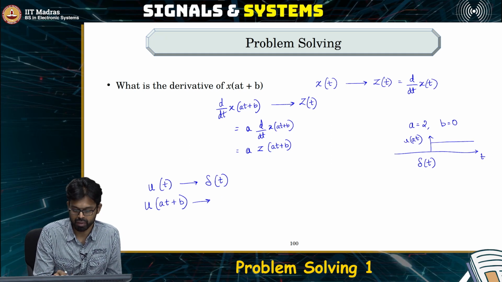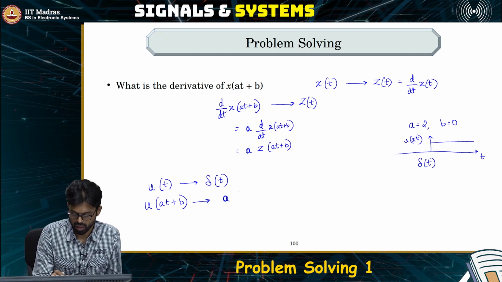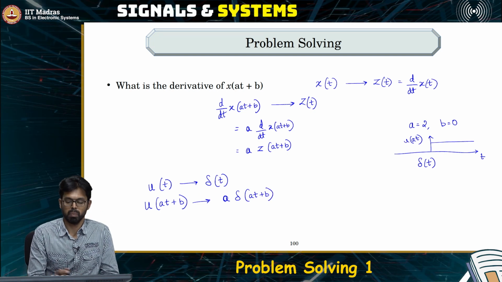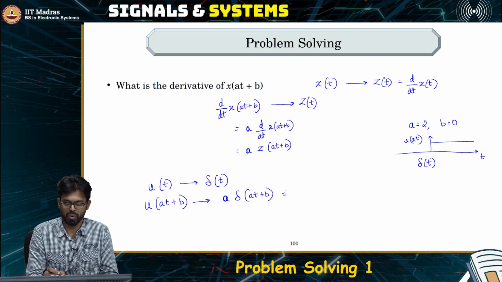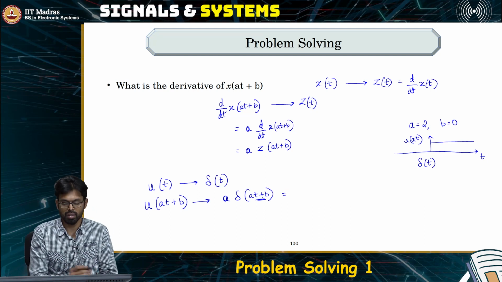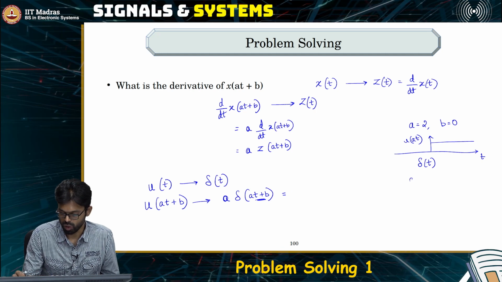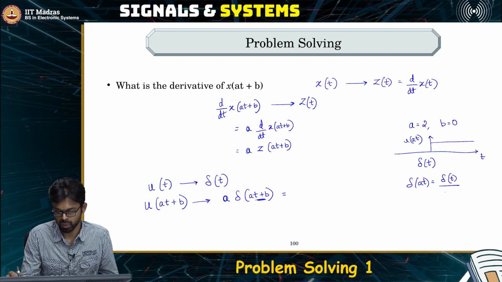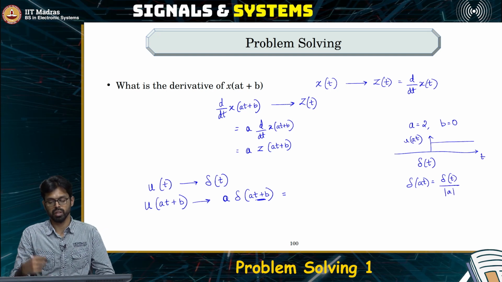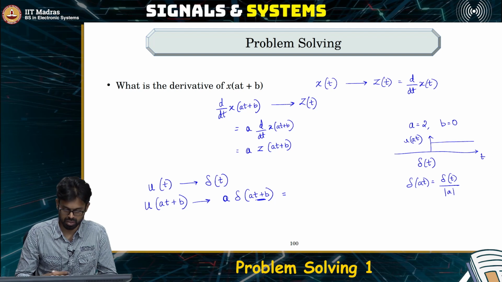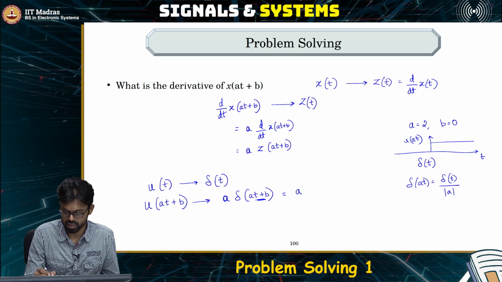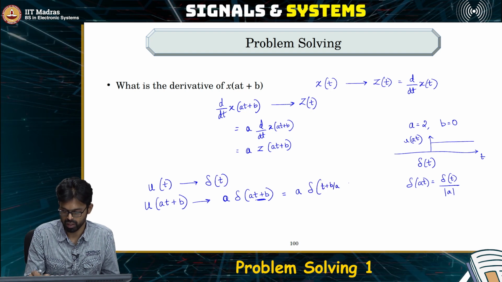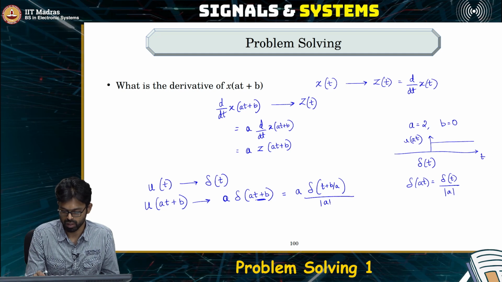According to whatever we derived now, it should be a times delta of at plus b. Okay. But we know that whenever there is a time scale, delta of at is equal to delta of t divided by mod a. This is what we learnt in the properties of the Dirac delta function, which means here we have a times delta of t plus b by a divided by mod a.